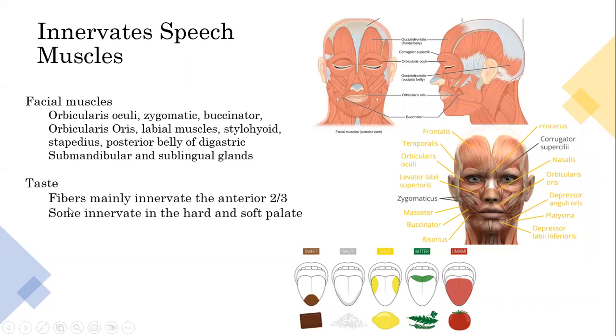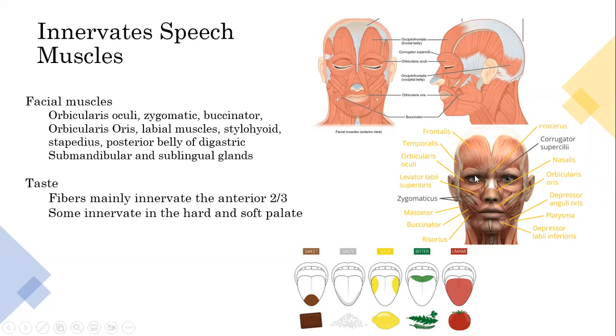Your taste fibers are mainly in the anterior 2/3 of the tongue, and some innervate the hard and soft palate. Here's a picture of all the different types of taste, and it's mainly on that front 2/3 of the tongue. There's really just bitterness in the way back, but you're going to taste everything else more in the front part of your tongue.